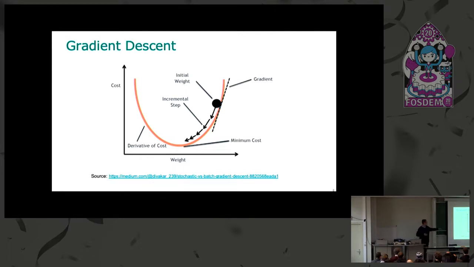We have a cost function on the y-axis. We have a variable on the x-axis, which is perhaps a weight in one of the hidden layers. We have an initial value, which is that dot on the right-hand side. We calculate the slope at that point, or the gradient, and then we move in the negative direction of that gradient in order to find the bottom of the curve.